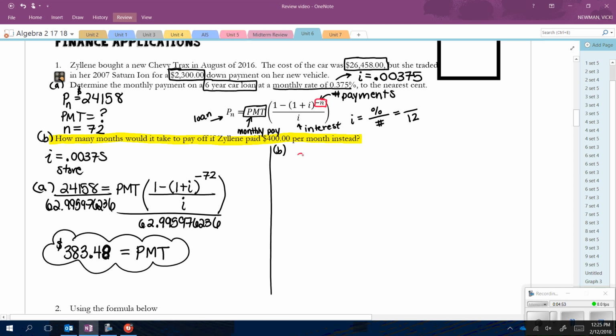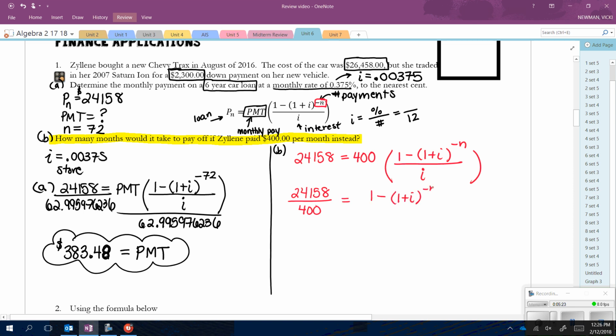So the loan is still for $24,158. Her payment, she's going to try a $400 payment. 1 minus 1 plus I. We're going to be solving for n. So we have to undo all of these things. So you guys know that the very first thing we should do is divide by 400. So 24,158 divided by 400 is equal to 1 minus 1 plus I to the negative n over I. Okay, so I want to undo that.